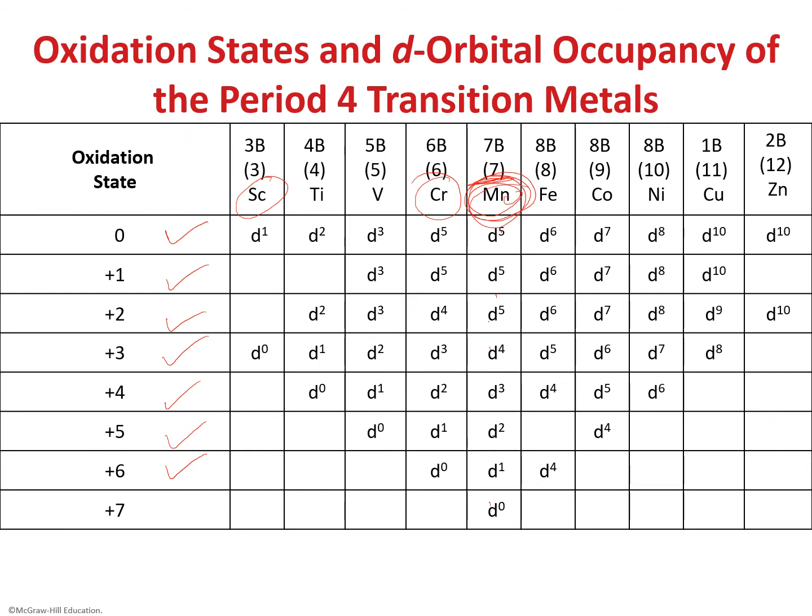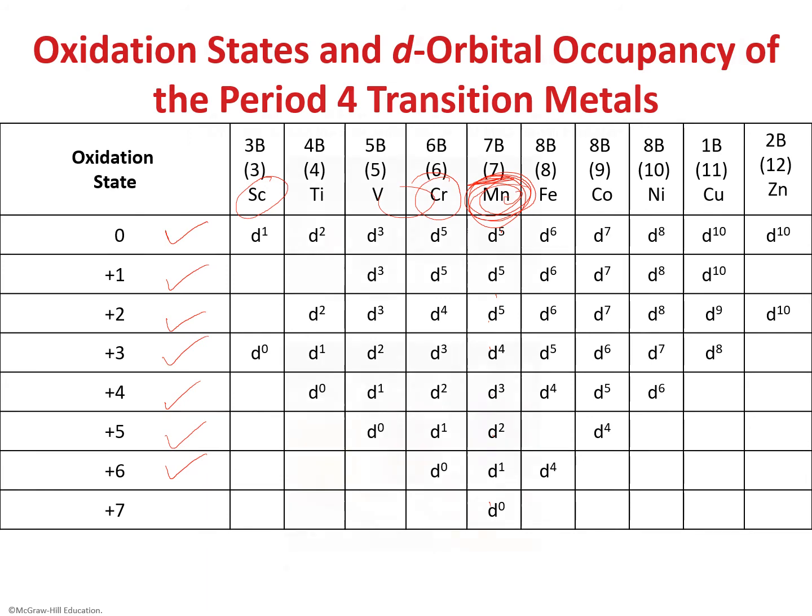Now, like we just said before, each of these elements in transition metals can have different chemical and physical properties, different color, depending on their electronic configuration. So manganese 0, manganese +1, manganese +2, manganese +3, they can all have different physical and chemical properties.